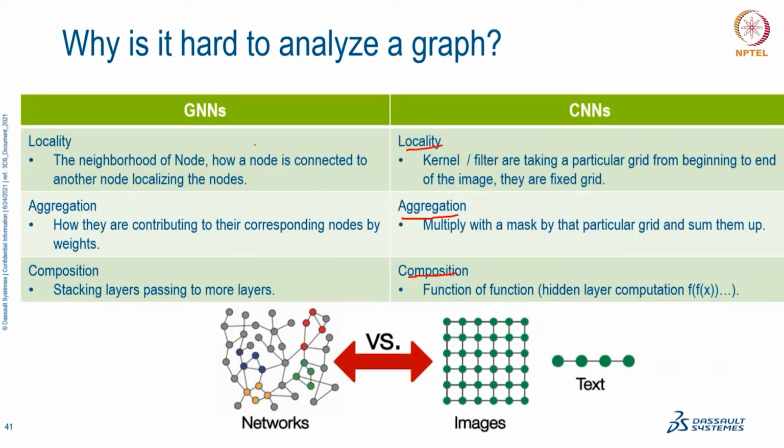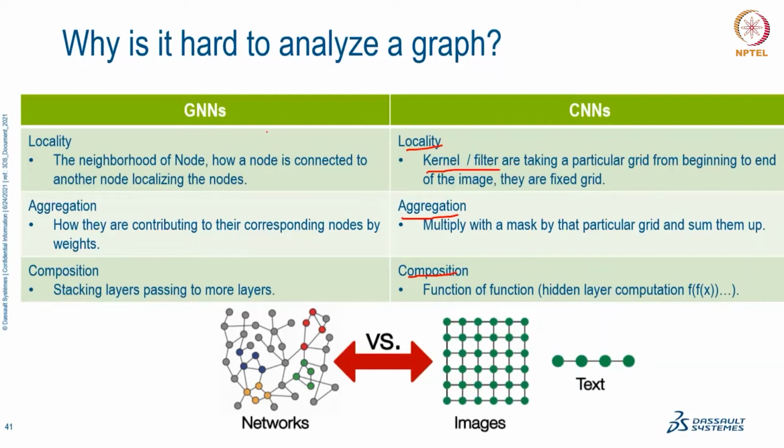These are basically the differences between graph neural networks and convolutional neural networks. In CNNs, we use something called a kernel or filter. As I mentioned, we use a 3 by 3 filter and slide it along the image to get the features. These filters are basically grids from the beginning to the end of the image, and they are fixed, right?